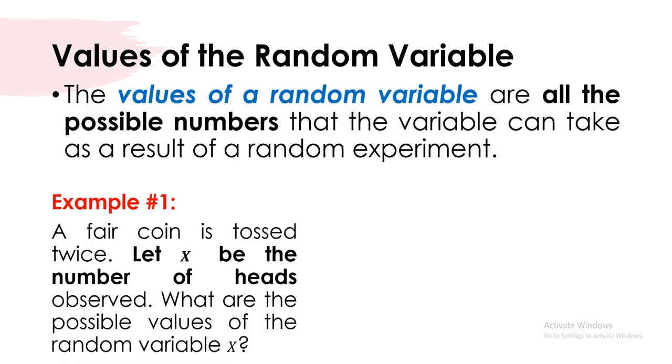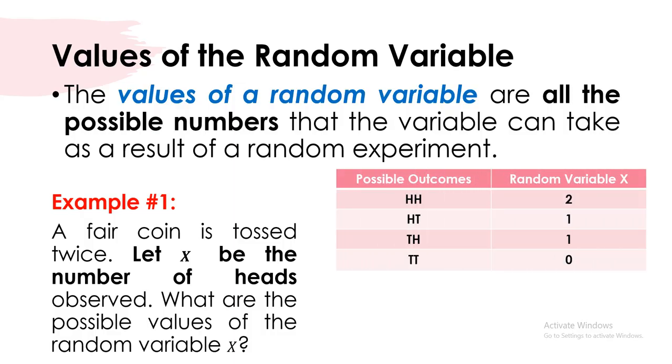So we only have one coin, but it will be tossed twice. The random variable here is X, which will represent the number of heads. Remember that the random variable X will represent the number of heads observed as you toss the coin twice. So the question is, what are the possible values of the random variable X?